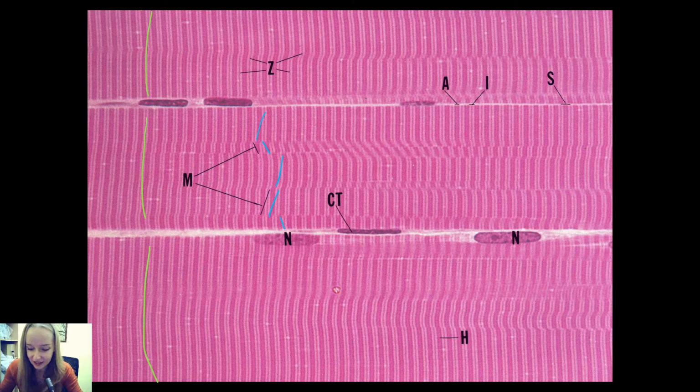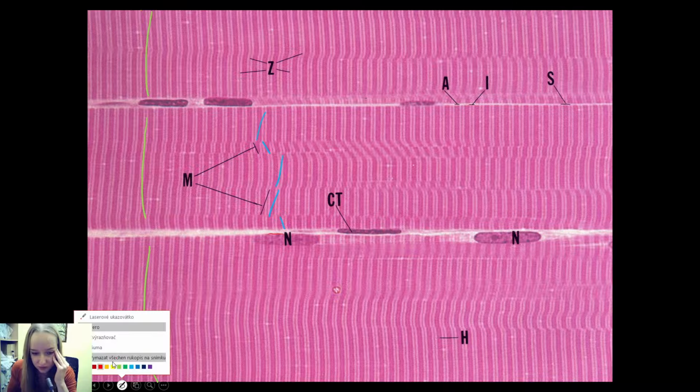And we can see nuclei also. Here we can see a nucleus, which I'm marking with green because it belongs to the muscle fibers. This is the cigar-shaped nucleus on the periphery of the muscle fiber, and here we have them once again.